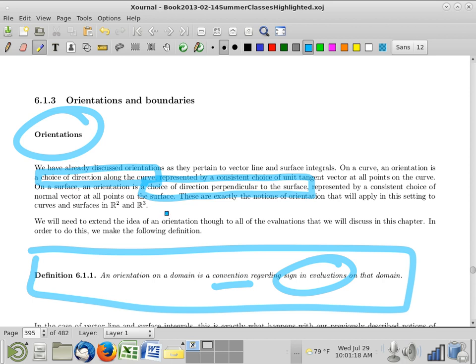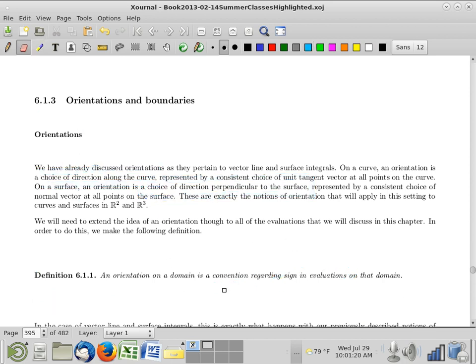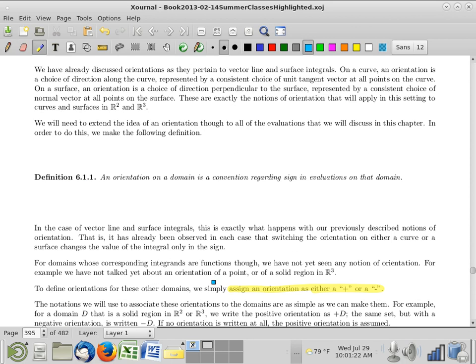So the thing is, we're going to need to talk about orientations, so conventions regarding sign in evaluations, for other kinds of domains where we don't have a geometric interpretation, like which way you are going along the curve, or which way you are going through the surface.